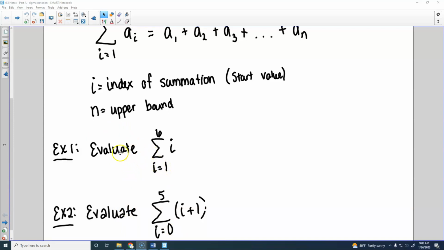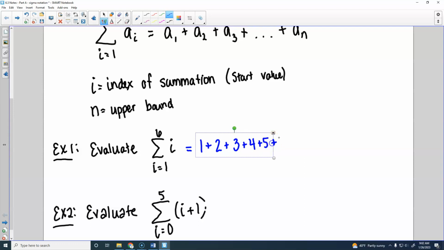So if I have the sum from 1 to 6 of i, then all this means is that you're plugging in integer values from 1 to 6 for your i, and you're adding them together. So this would be 1 plus, then you change your i to a 2, then a 3, and then a 4, and then a 5, and then a 6.